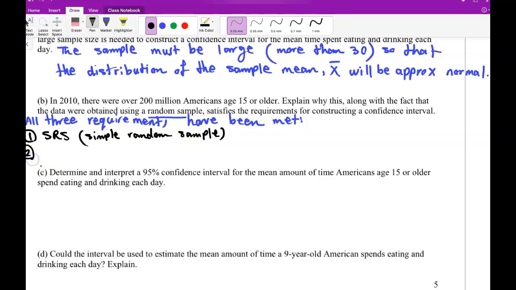Number 2, our sample size should be less than or equal to 5% of population.